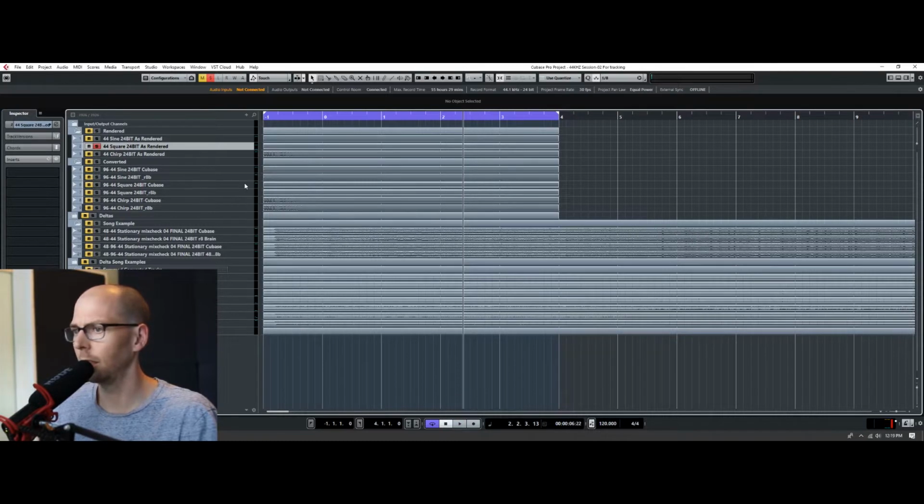It sounds like the attack or some of the high end has been removed when it was downsampled. It's hard to say what sounds better or what sounds worse. It sounds pretty bad in general. So now let's look at what R8Brain does to the downsampling. Here's the original, and then we'll go to the R8 converted.